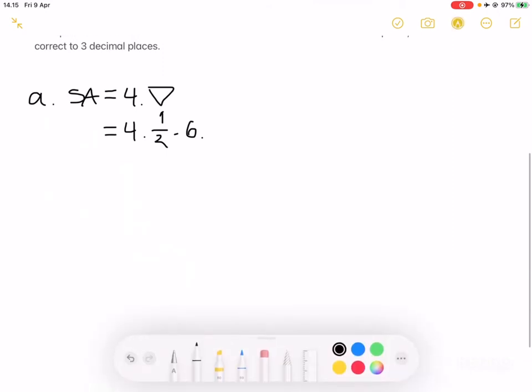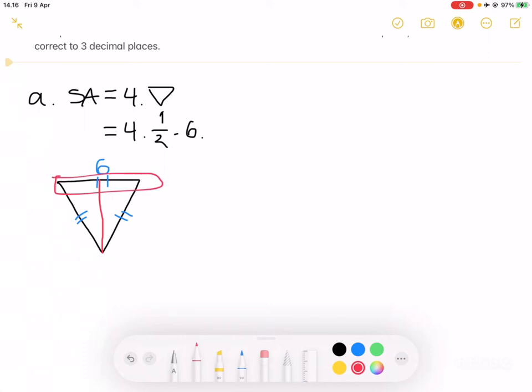Perhaps I'll just focus in on one triangle, one equilateral triangle with side length 6. Let me draw a perpendicular bisector with this length right here. And here we can actually prove that this also bisects this side length.